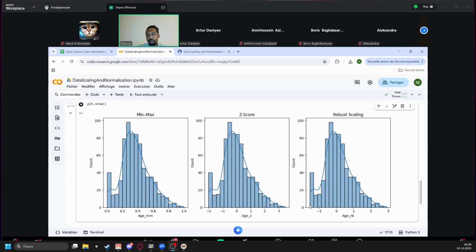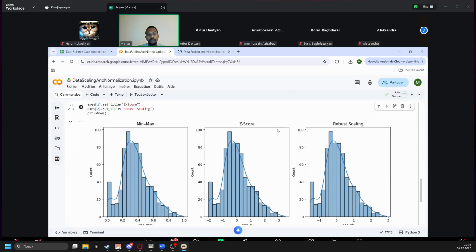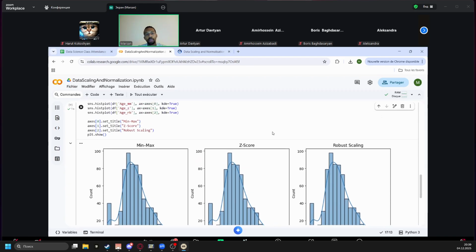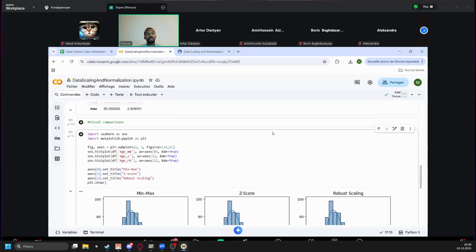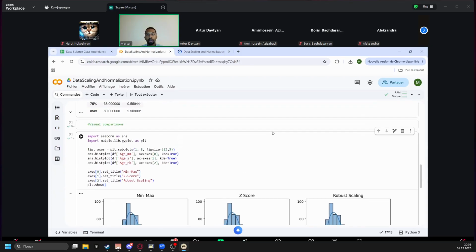And with robust scaling, it's almost the same. So with the scaling techniques, we now have a standard scale for our feature. If we have different features, we will be able to have almost the same scale for each feature.